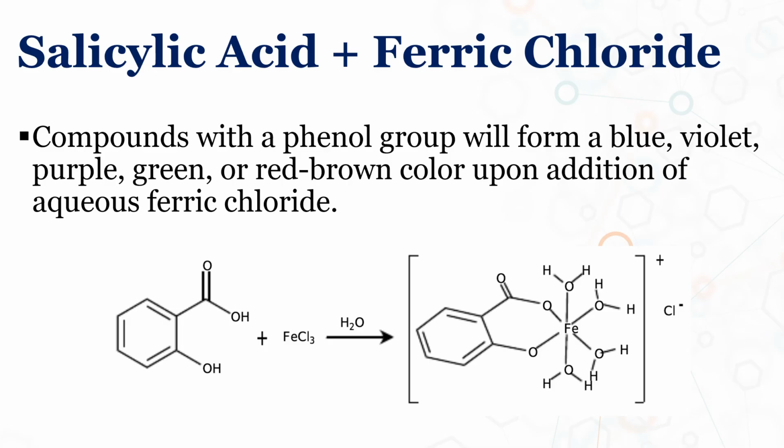So remember, class, that is salicylic acid. This is used to identify whether it has a phenyl group. To identify that, we need to add ferric chloride or aqueous ferric chloride. Why is there a coloration? Because of the compound that is being formed.